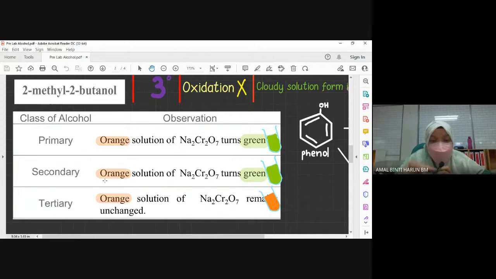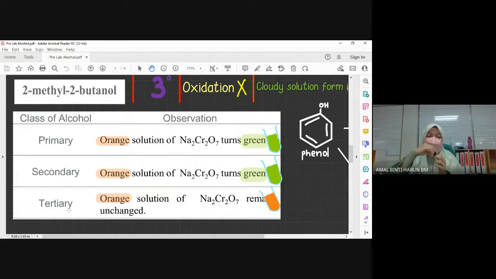And then what is the proof that oxidation occur? Of course lah mata kita tak boleh nak tengok ada oxidation ke tak. Tapi kita tahu ada oxidation when the chromate ion color change from orange to green. But for tertiary alcohol, the orange color remain unchanged. That means there's no oxidation. It shows that tertiary alcohol cannot be oxidized. Okay, so clear?